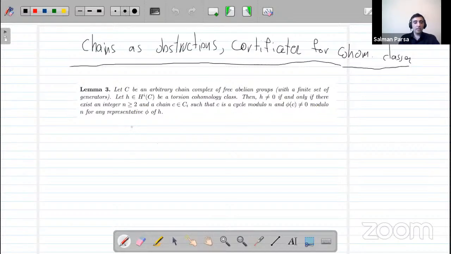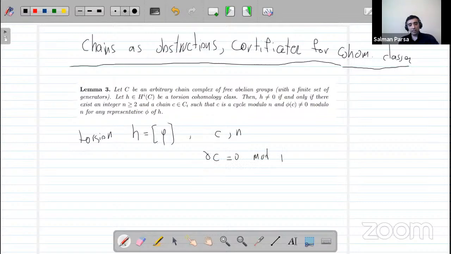You have a class H, which is the class of some cocycle phi, and this is torsion. You have to come up with some chain which certifies that this class is non-zero, and there is such a thing.